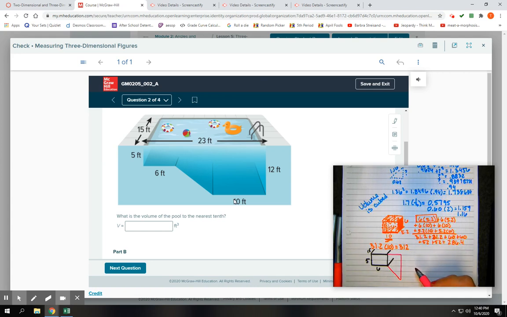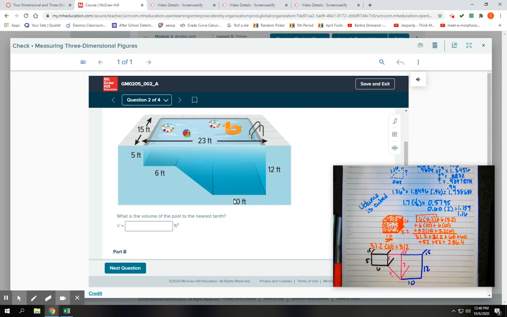If this is 5 and the whole thing is going to be 12, this is going to be 7. And this is 5. And I don't know what that is yet. This is still 15. And then the last piece, this is 10. This is 12. This is still 15. So the hardest one is going to be this middle pink section here.